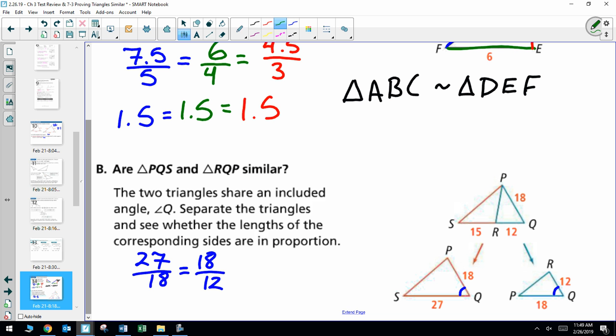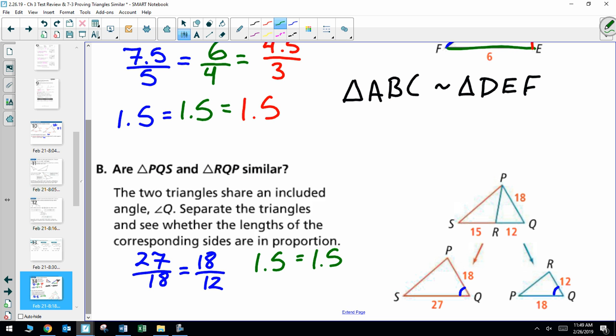So for this one, 27 over 18 is 1.5 again. 18 over 12 is 1.5 again. So they have the same scale factor for both those sides. So are they similar? Yes.